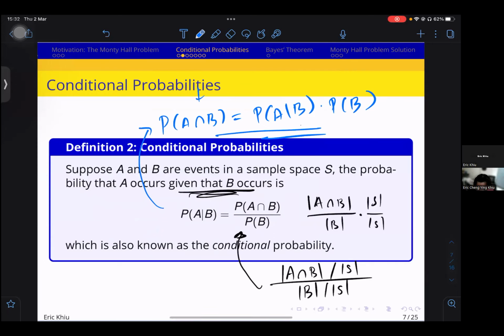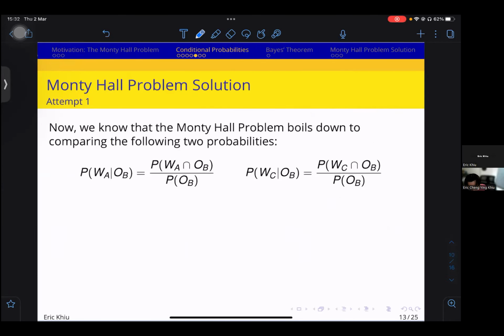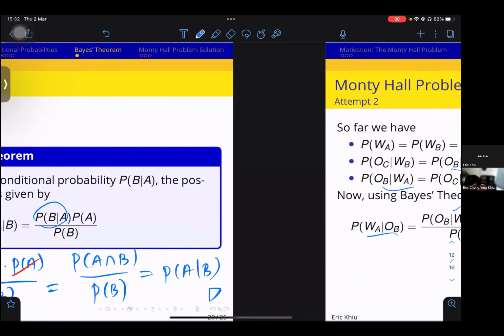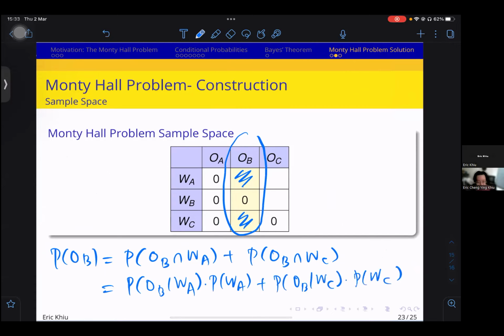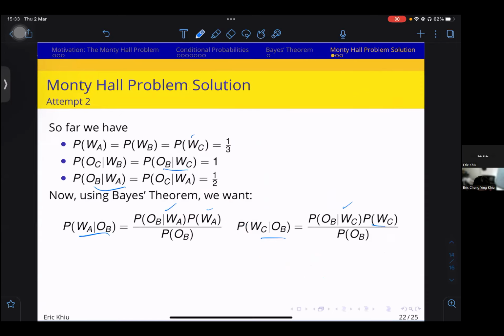We are trying to convert it into this form, a product of a conditional probability and just P of, I believe, WA or WC over here, right? So this will just be P of OB given WA times P of WA plus P of OB given WC times P of WC. Do we have all this? Yes. P of OB given WA is here.